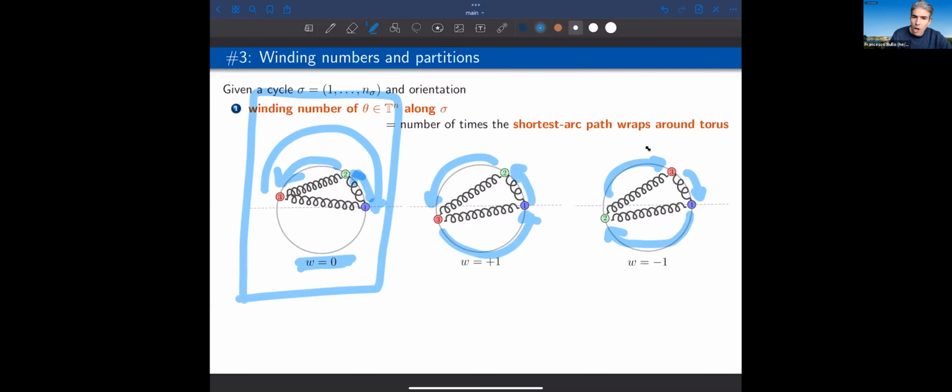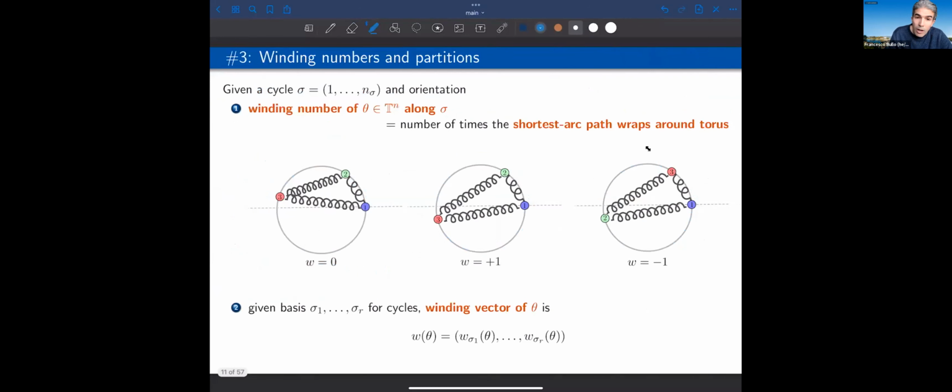So no matter how many nodes you have, no matter which cycle you select on a complex topology, there will be a number of wrappings around that cycle. I'm going to call that the winding number. If you have multiple cycles, I will introduce a vector of winding numbers, one for each cycle. Of course, I don't want to do it for all cycles. I'm just going to use a basis of cycles. Okay, so I'll have a winding vector.